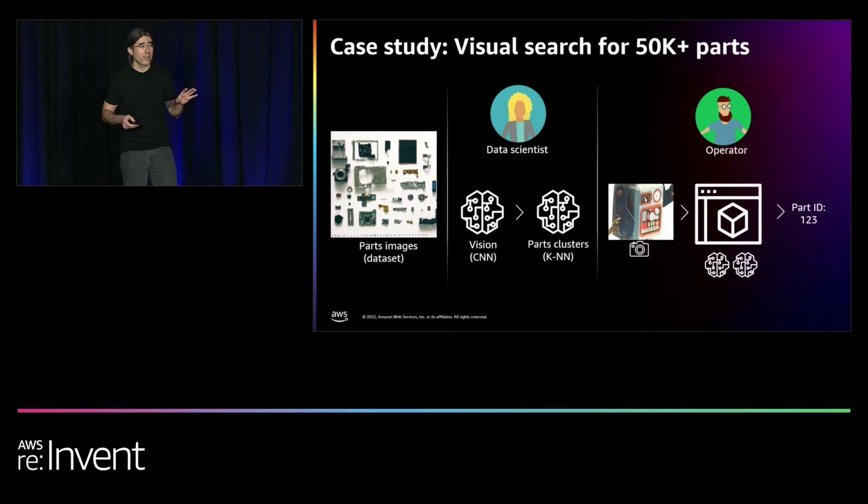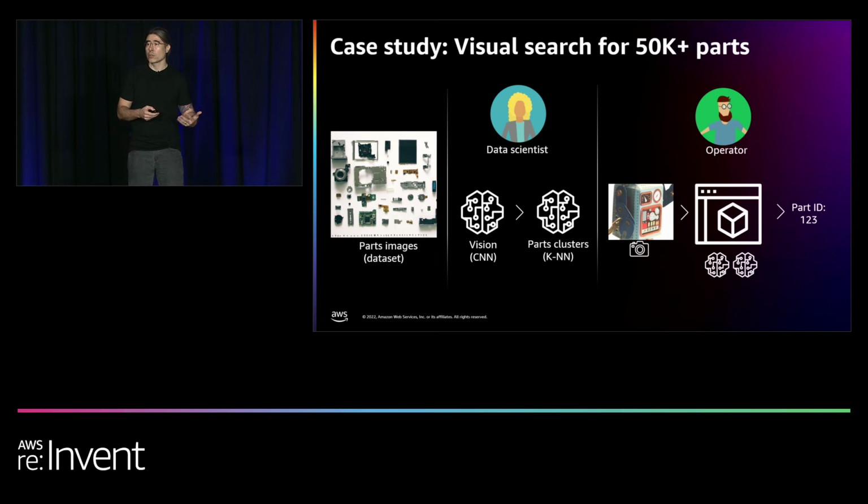A visual search mechanism is basically a way to search a database using images as input, right? And then they created a data set with all of their parts with labels showing where in the picture the parts are, the types of the parts and everything. And then their data scientists worked to build two different models.